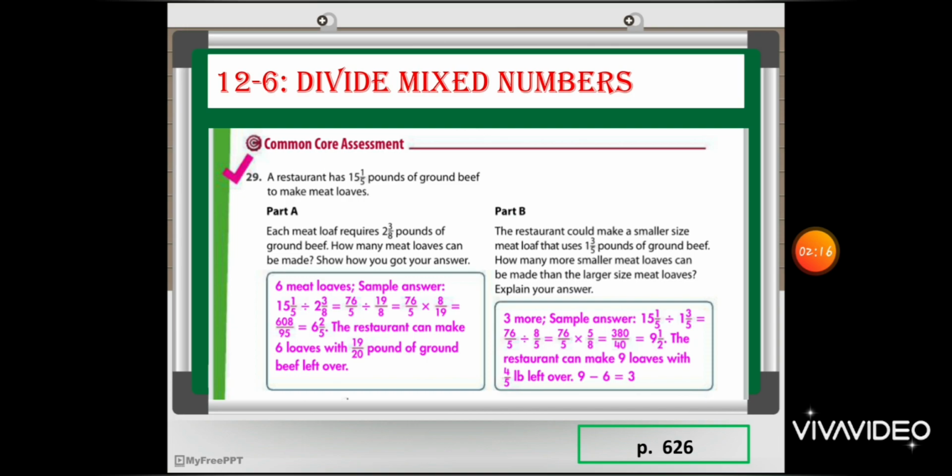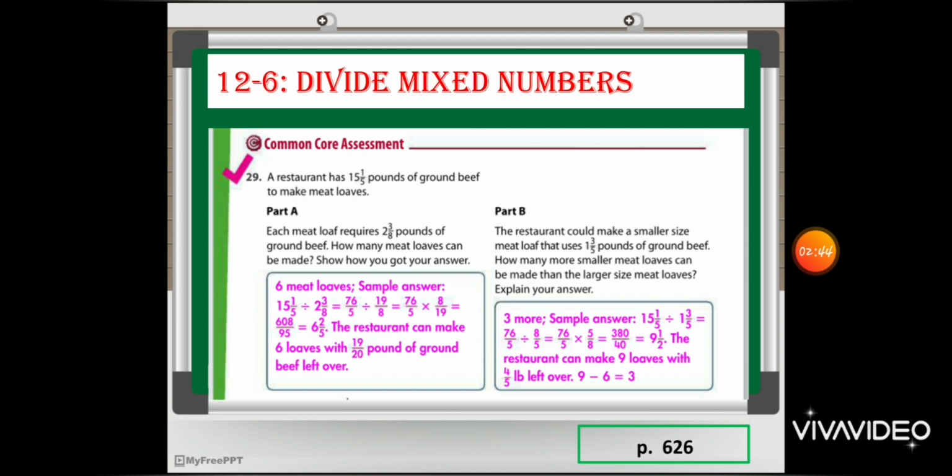Then, let's proceed to multiplication by reciprocating our fraction divisor. So 76 times 5 will give us 380, and 5 times 8 equals 40. So we can also change it to mixed number, which is 9 1/2. Or simply, we can say that the restaurant can make 9 smaller meatloaves.